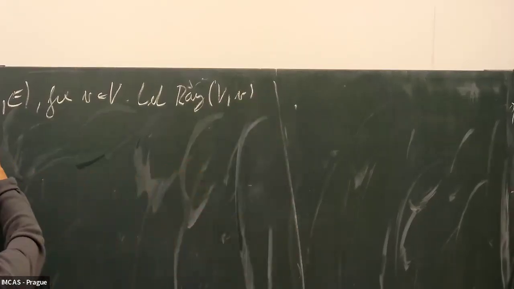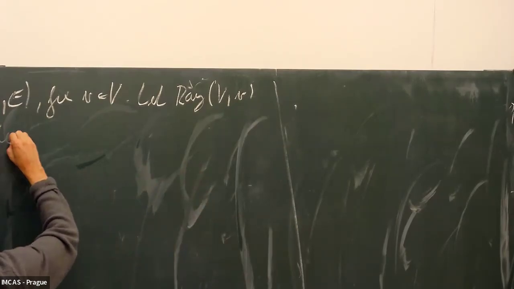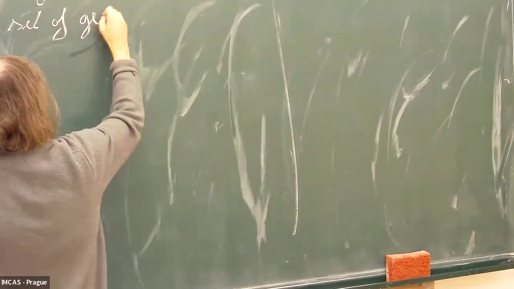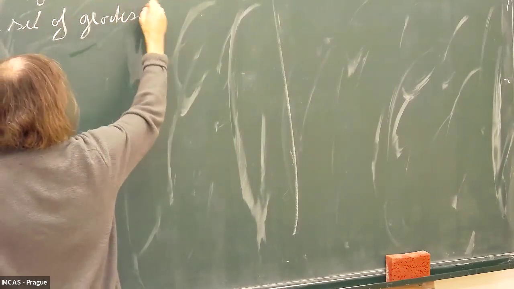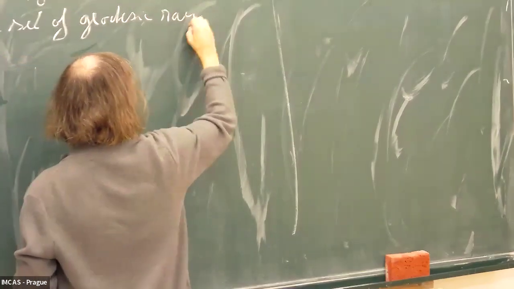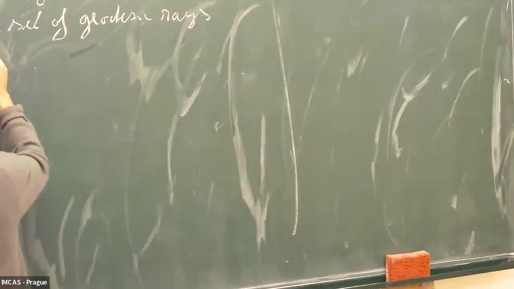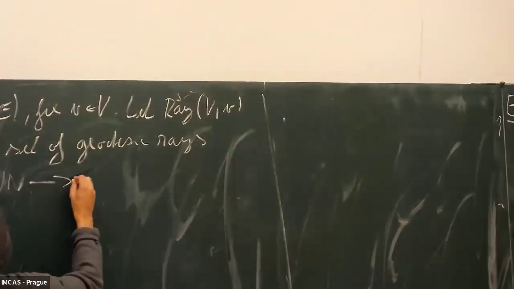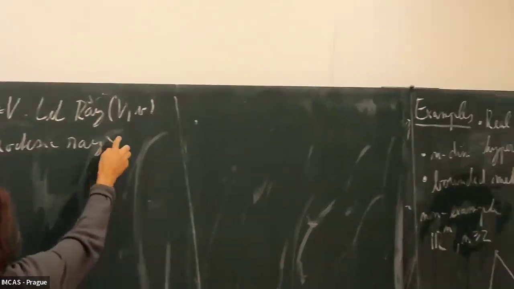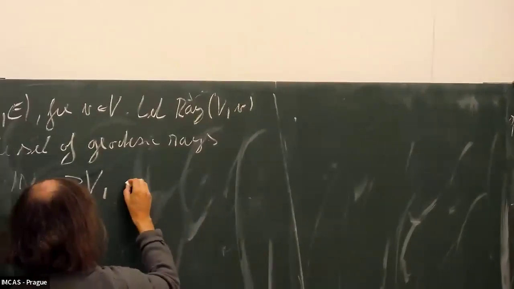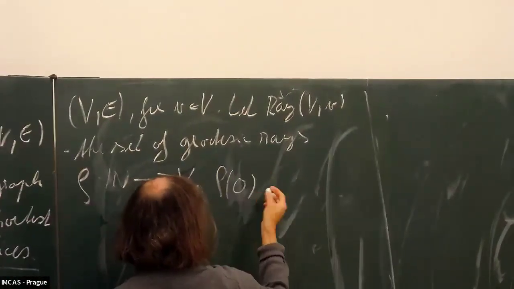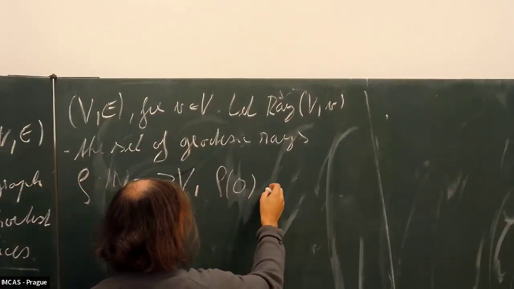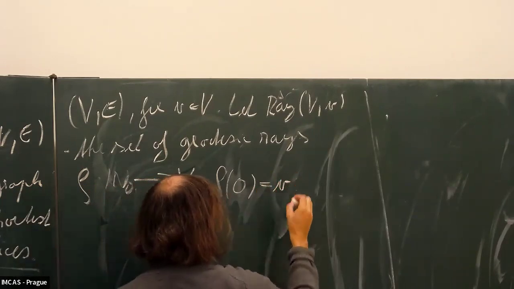So this is the set of isometric embeddings from the natural numbers into V, which start from this fixed point, meaning that zero maps to the fixed point.